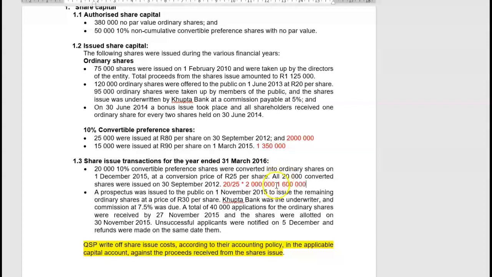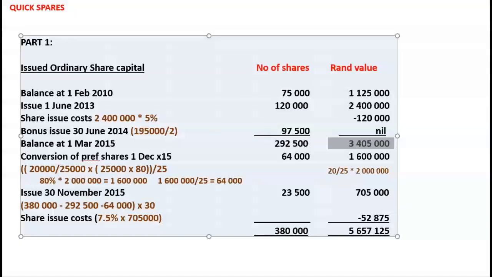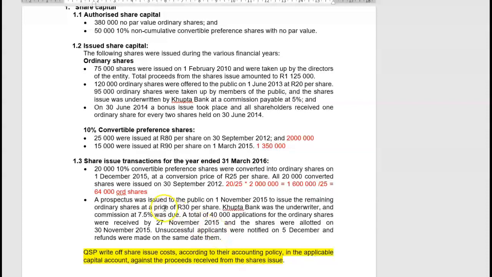So that was the value of the shares that were converted. Now, the conversion price was 25 Rand a share. So that we're going to divide by 25, and that gives you then 64,000 ordinary shares. 64,000 ordinary shares, total value 1.6 million Rand.